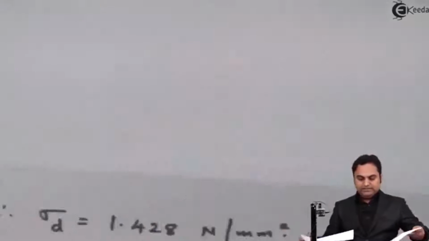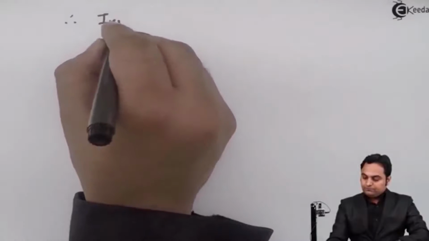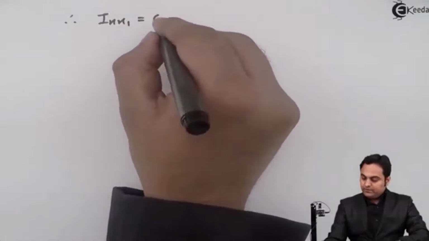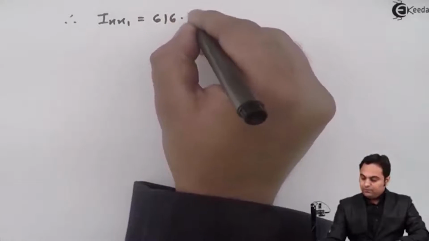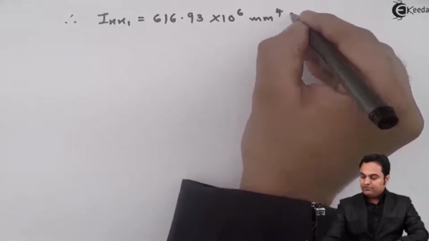Calculating this throughout, I'll get Ix1. So therefore Ix1 is 616.93 into 10 raised to 6 mm raised to 4.